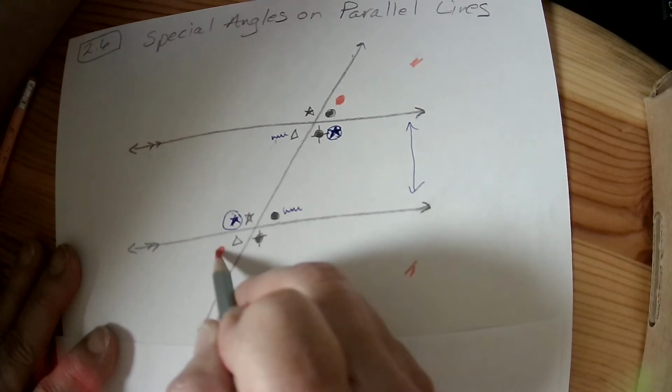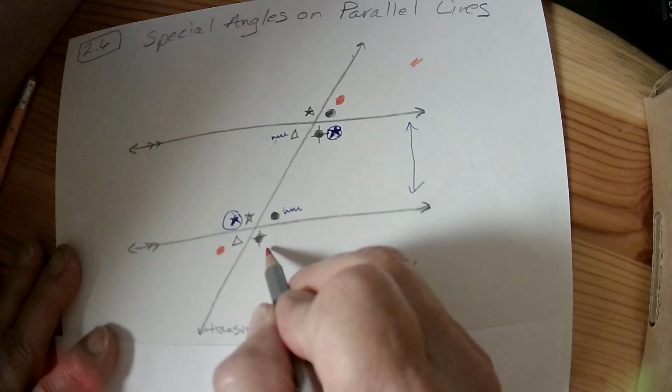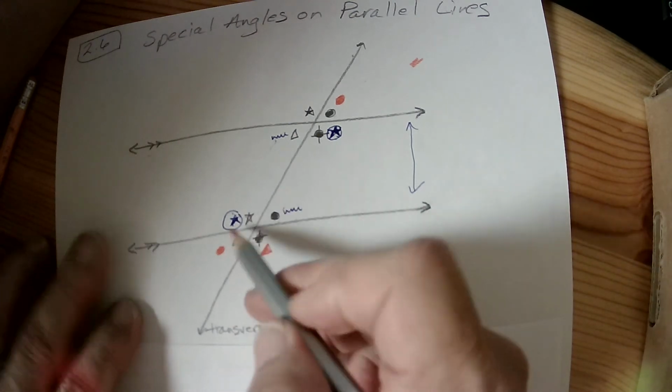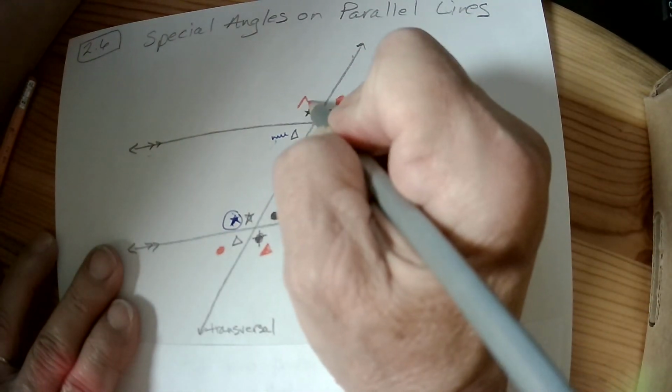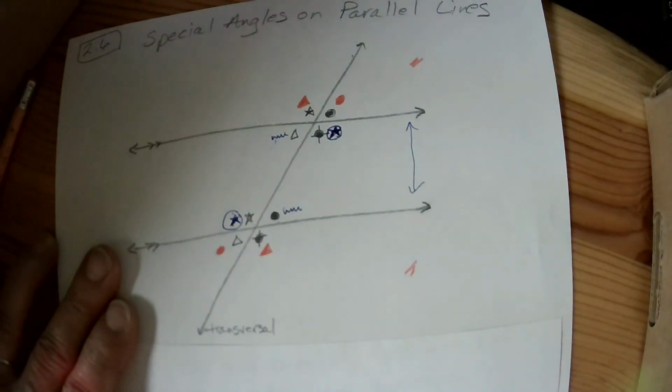Those are alternate exterior angles. And then if I have one here, on the other side of the transversal, on the exterior, this one would be right there. So a lot of stuff going on with parallel lines.